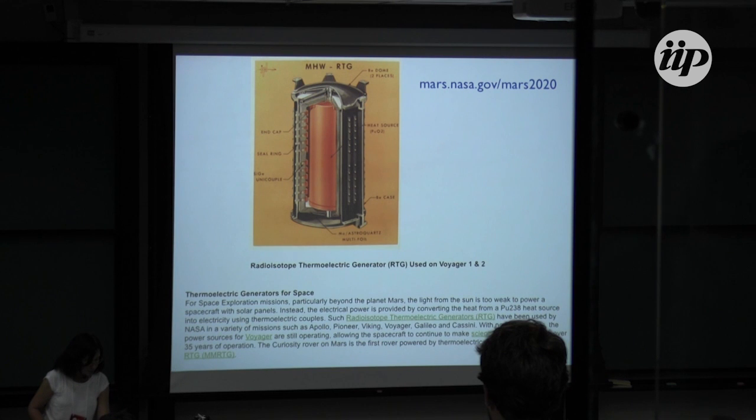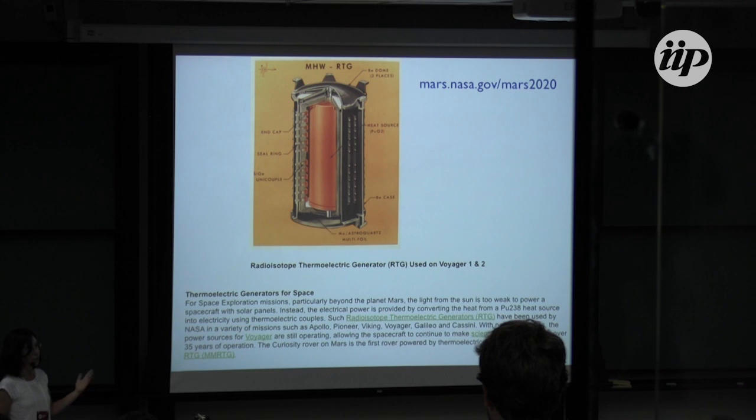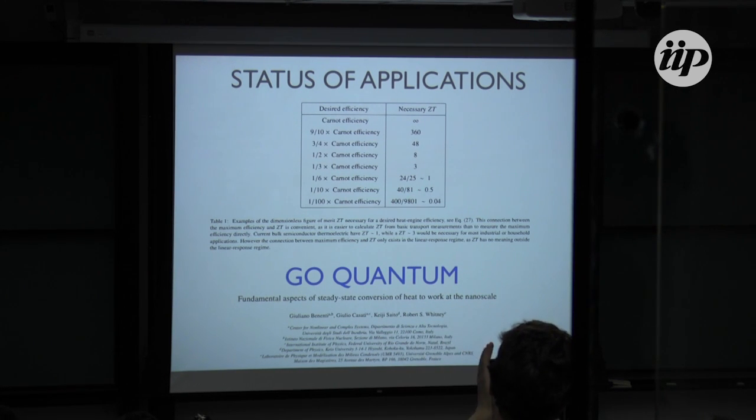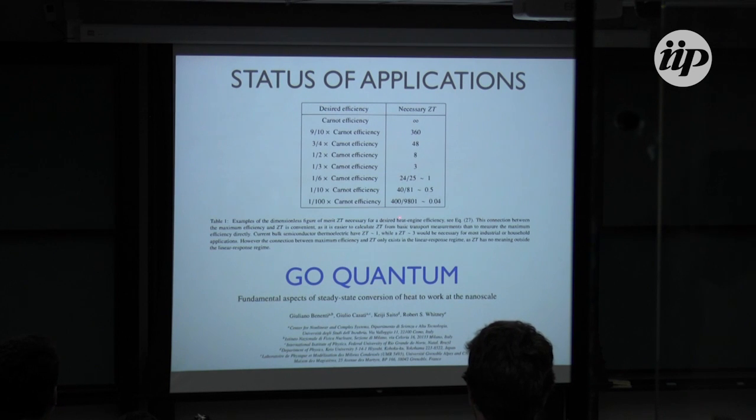Actually, right now, we are not in a position of using these generators at the domestic level, because most of the existing materials and structures so far have a very low figure of merit. Very low means, as in the previous talks, numbers which are smaller than 1, up to 1. 1 would be already great, but this is already very difficult to achieve.